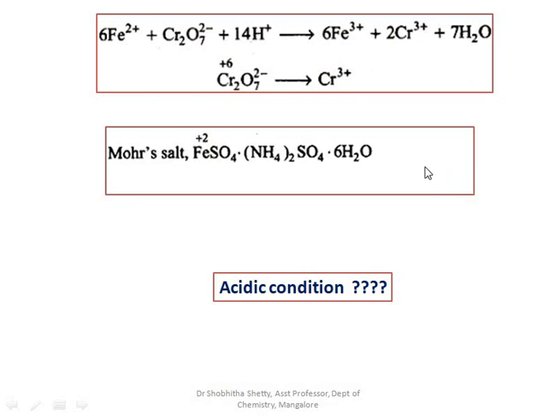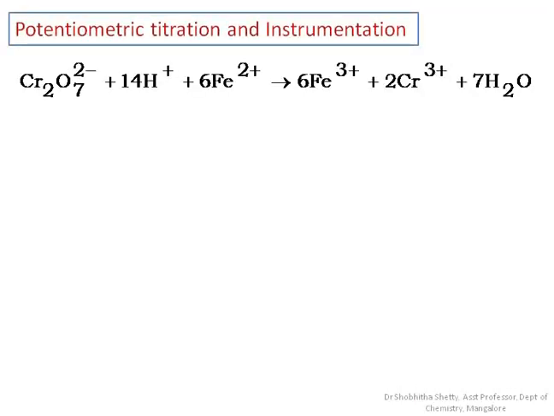So this is the principle behind potentiometric titration: how the concentration of oxidized and reduced species in the cell system influences the potential. As you can see, Fe2+ to Fe3+ and Cr2O7 2- to Cr3+ form is formed here.